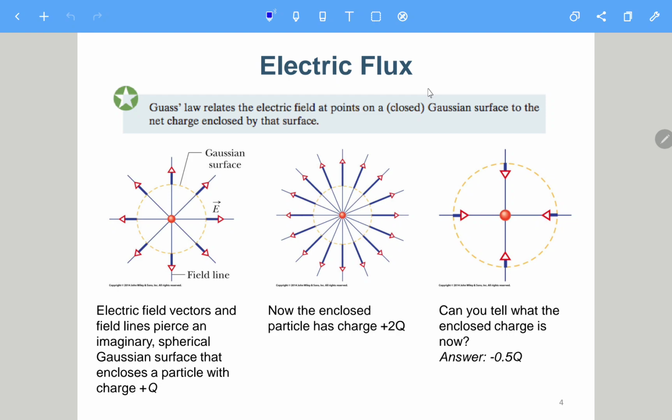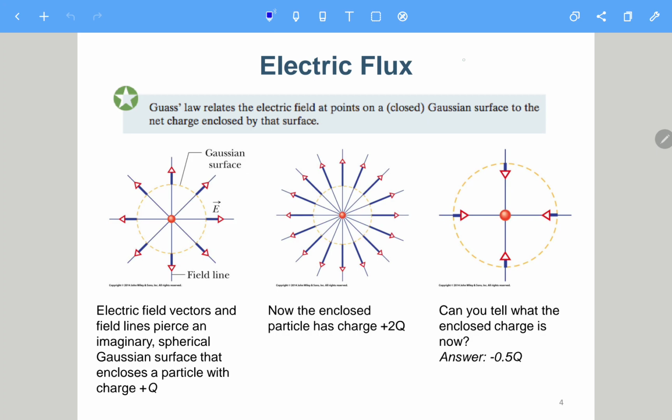In the last chapter, although it was already a month ago, we learned about the electric field. I hope you still remember what the electric field is. It's a vector field, and it is related to the electrostatic force.